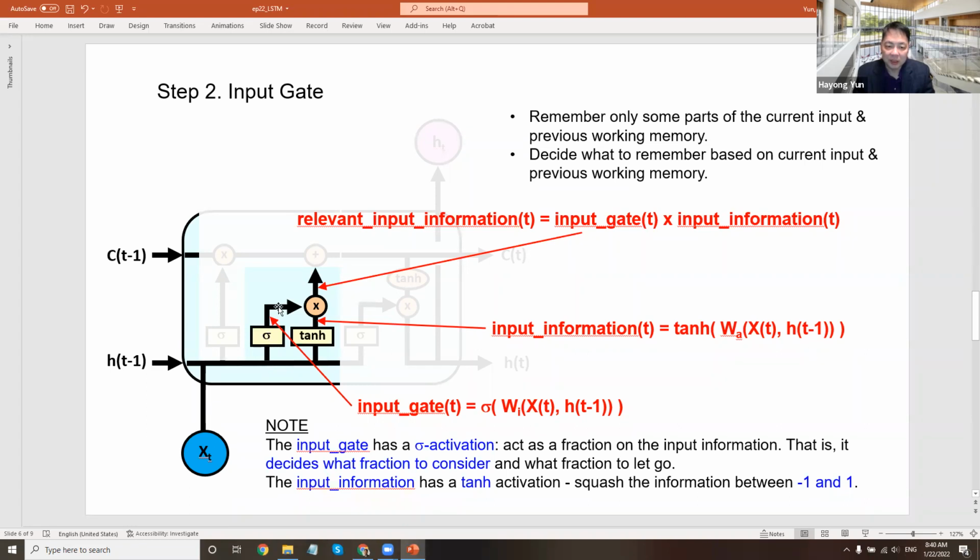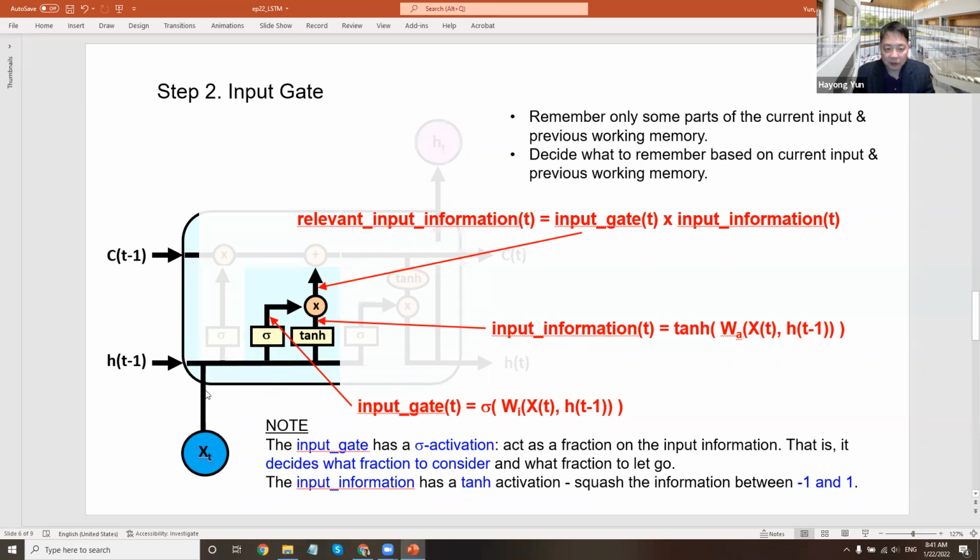Again, the sigma is like a gradual 0-1 switch. If the h_t minus 1 and x_t going through a neural network, aggregated, is a small number, then sigma will give out a 0. And if it's a very large number, it will give out a 1, isn't it? So that is what this input gate does.